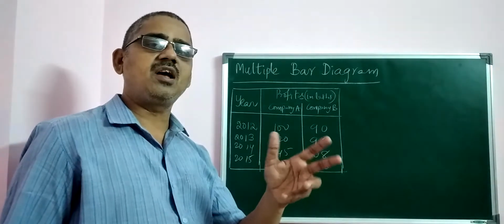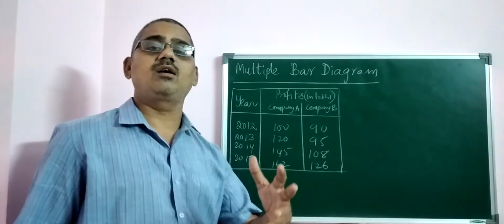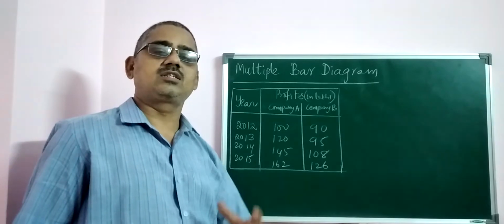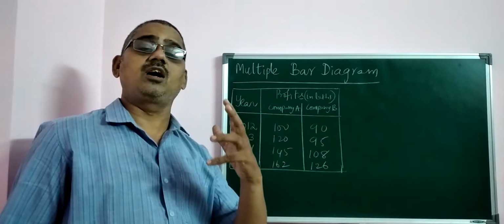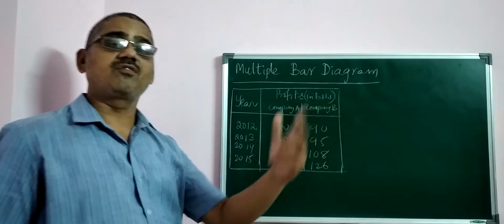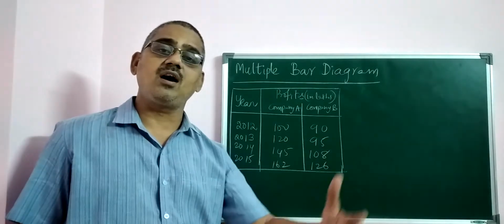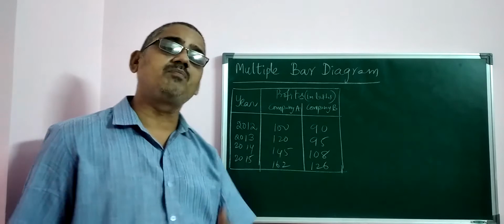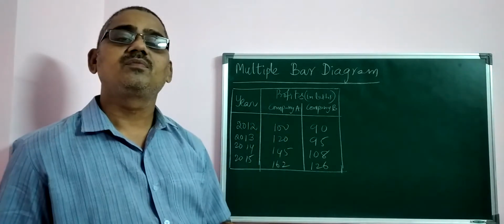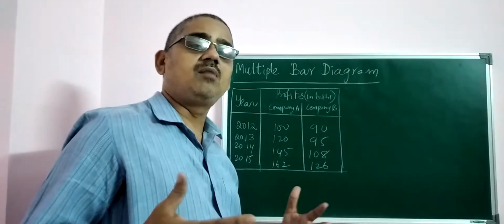If you represent this as a bar diagram, it is clearly visible, and such a diagram can easily be identified. We can identify the differences and also compare the profits of the two different companies easily. So these are the two important purposes of the multiple bar diagram.